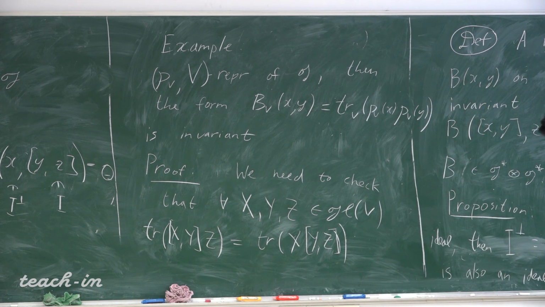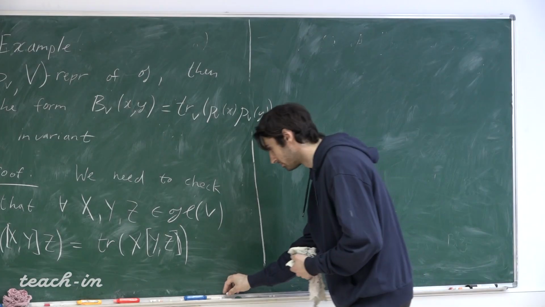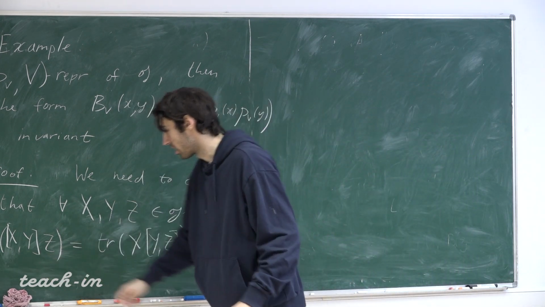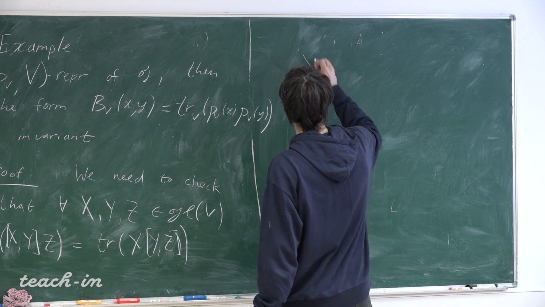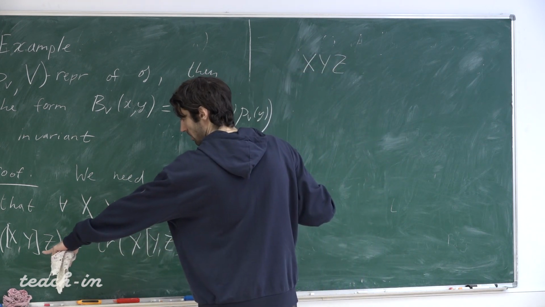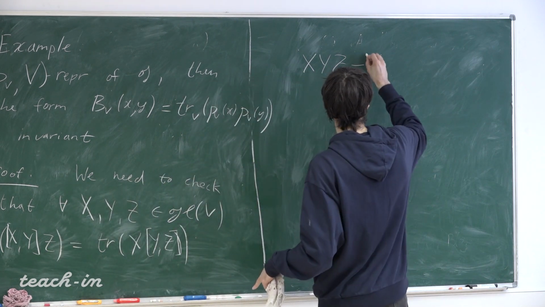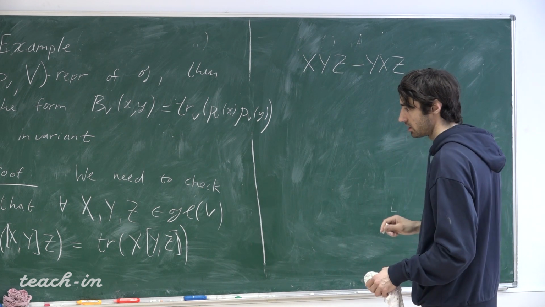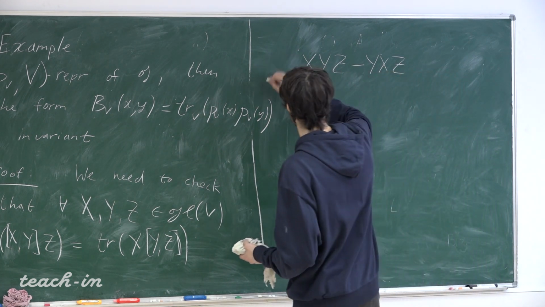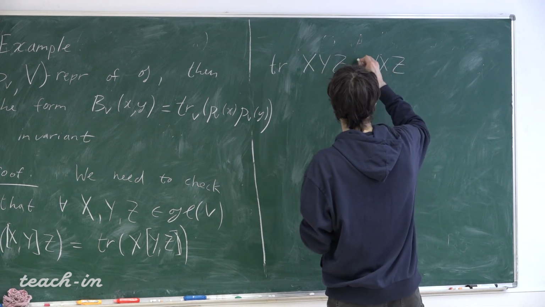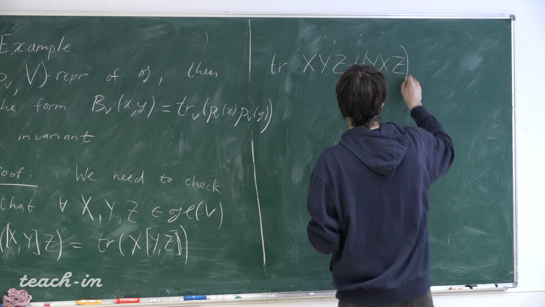But this is very easy to check. So what do we need? We just write this down, right? It is XYZ minus YXZ. Trace is linear, so on the left I have trace of this minus trace of this.